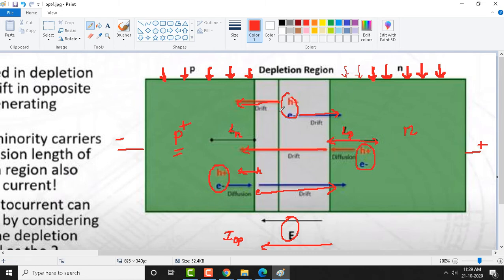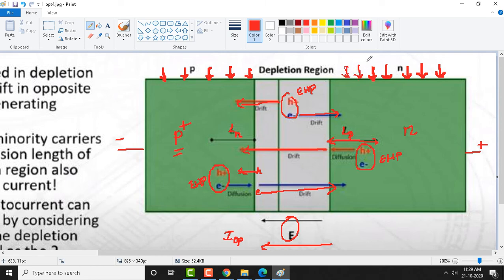You can see three different segments here. In the depletion region, electron hole pairs are created. In the P region, electron hole pairs are created. These are all EHPs, electron hole pairs. These electron hole pairs are created because of the photons.